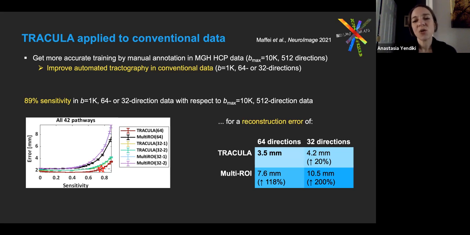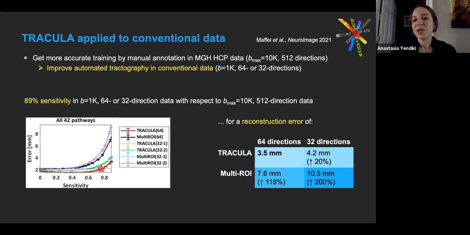And this reconstruction error went up a little bit, by about 20%, to reach the same sensitivity with half the directions. But with a conventional multi-ROI method that just constrains the tracts by some ROIs from an atlas, that reconstruction error was much higher, both in the 64 direction data and in the 32 direction data.